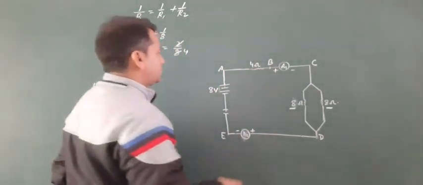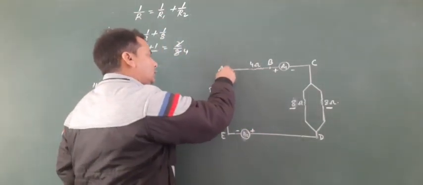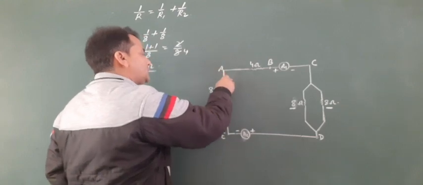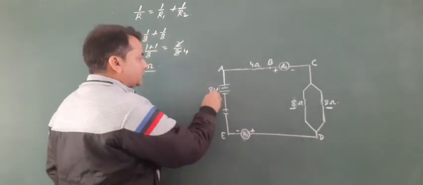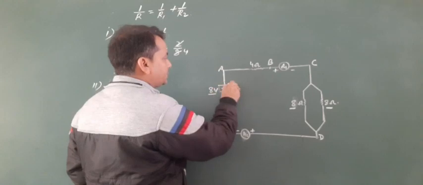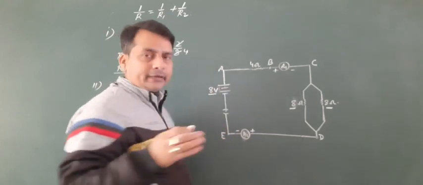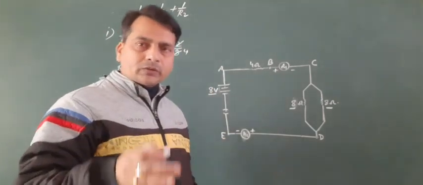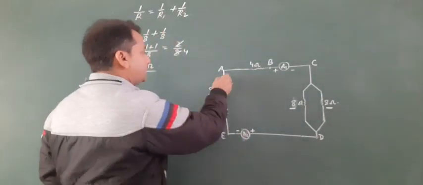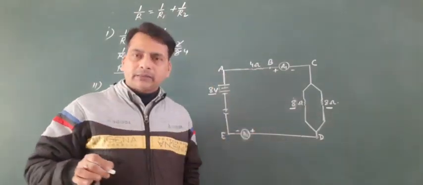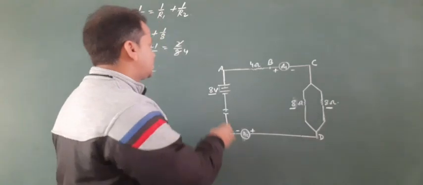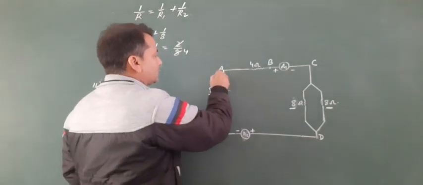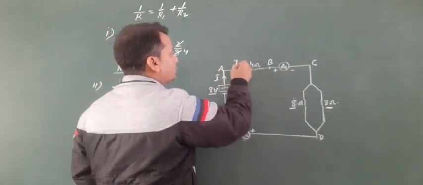So in this circuit we can see the 8 volt battery with its positive terminal, and current flows from the positive terminal to the negative terminal. Here the current I, suppose the net current in this circuit, flows across the 4 ohms resistor.